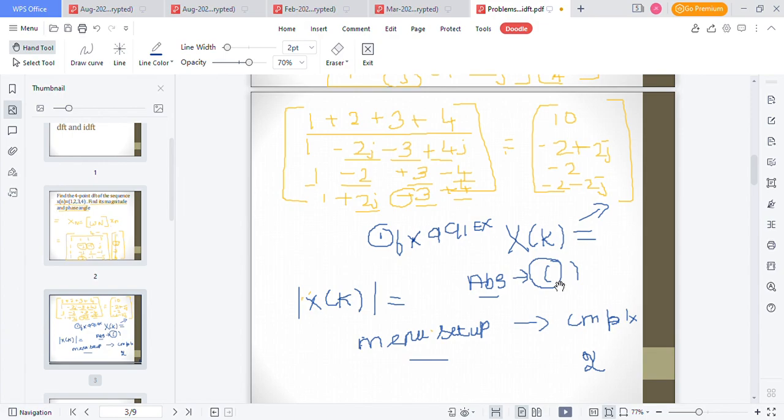There you are going to click on ABS. How to click on ABS: press shift and click on that. You are not going to click it directly. If you directly click that button, you will get only your brackets, not ABS, right? On the top of this bracket button, your ABS is present.